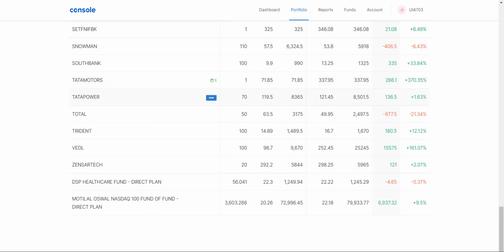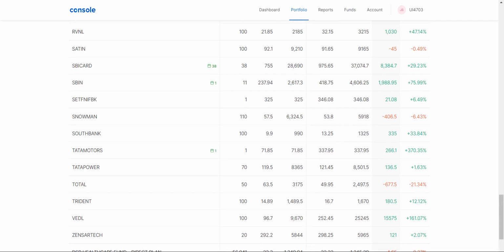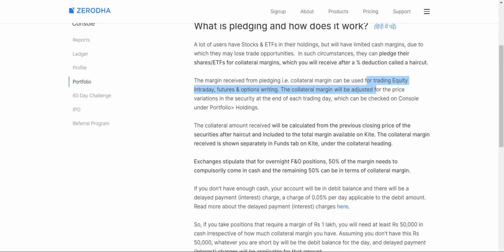Now when we do this pledging, what is the use of the amount which we receive into our account? Here you can see that the pledge margin you can use in intraday equity stocks, so you can do intraday trading with that margin.